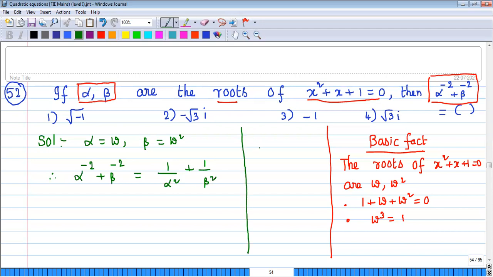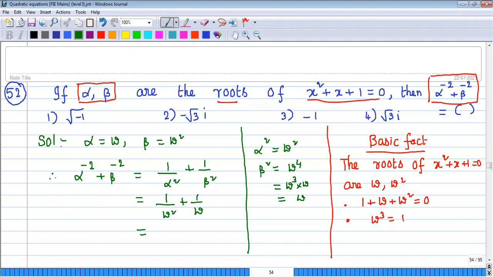So let us find out alpha square value. Alpha square is equal to omega square. Beta square is equal to omega power 4. This omega power 4 we can write omega cube into omega. This will be omega. That means we can write 1 upon omega square plus 1 upon omega.